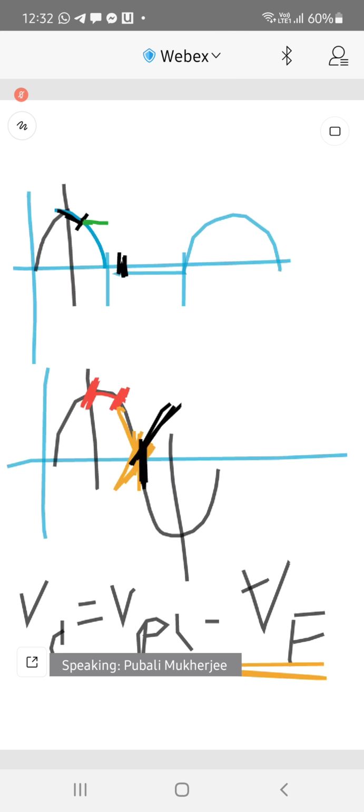Fine. Now what happens in the negative half cycle? Look into the input signal. In the negative half cycle, what happens? The diode is reverse bias, কারণ এই 0 থেকে ওটা reverse bias হয়ে যাচ্ছে. But what is the value of the output voltage?